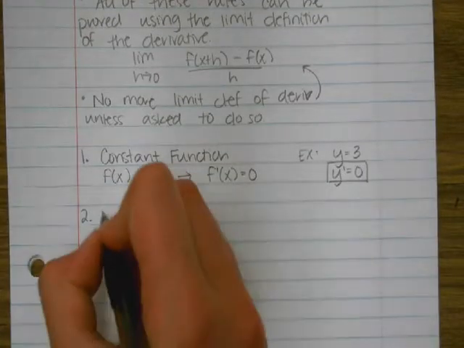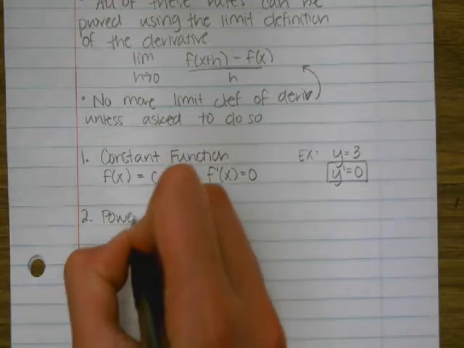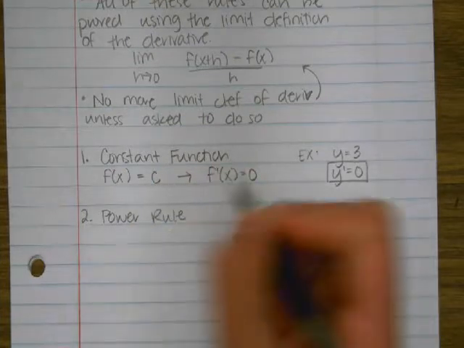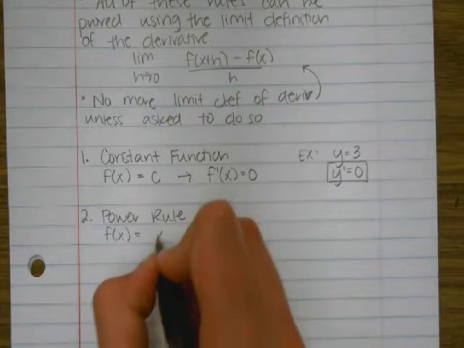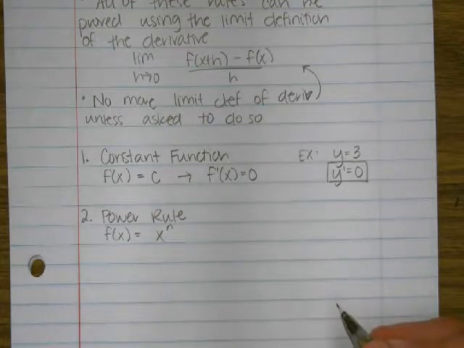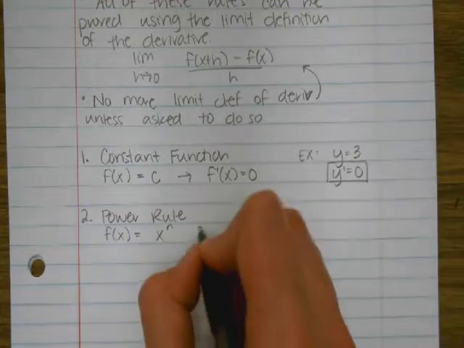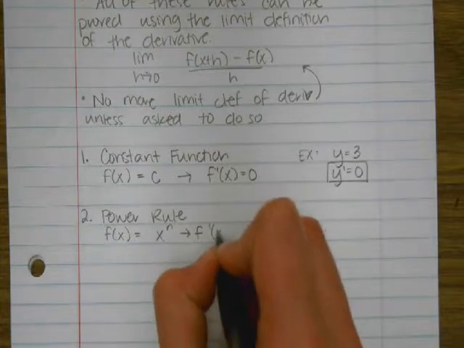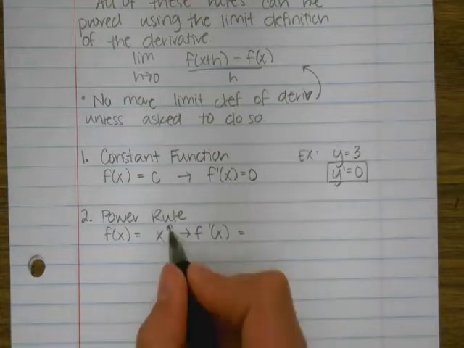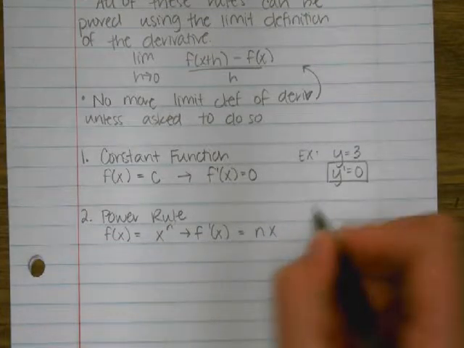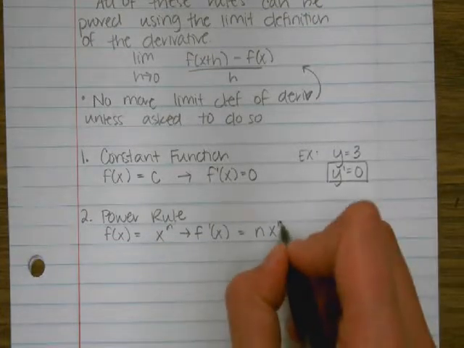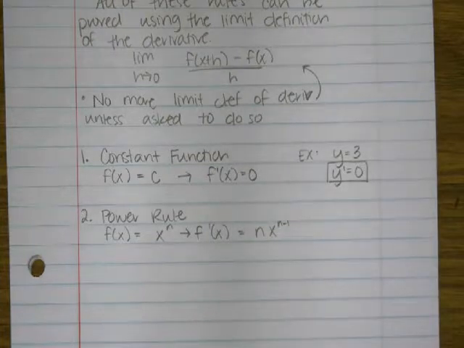The second rule we're going to look at is the power rule. And the power rule says that if you have a function that is x raised to some variable n, then the derivative of that is going to be what you get if you take the exponent and drop it to the front, so n multiplied by x, and then you take your exponent and you subtract 1 from it.